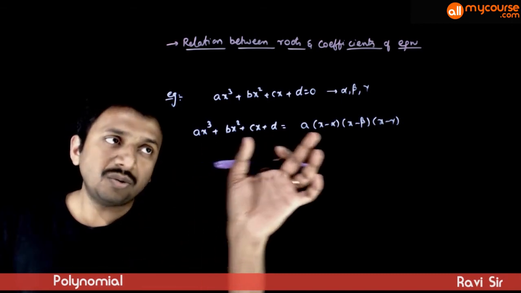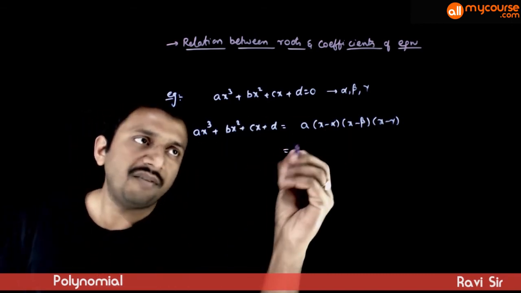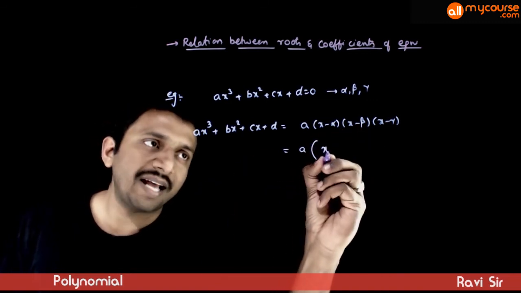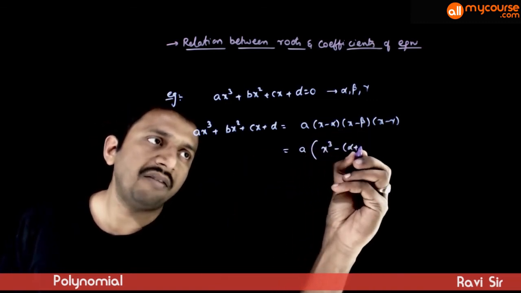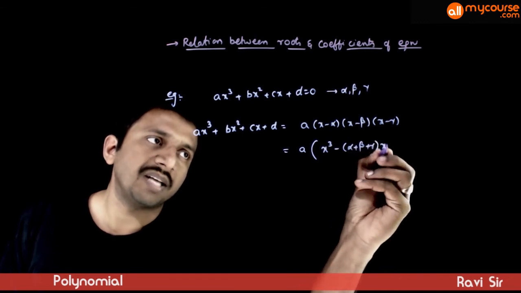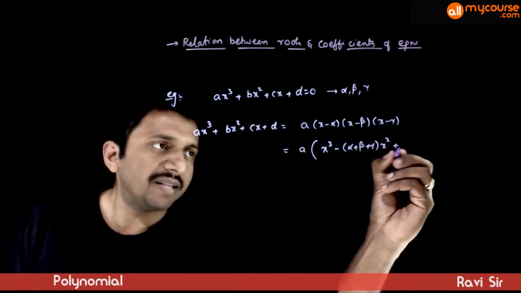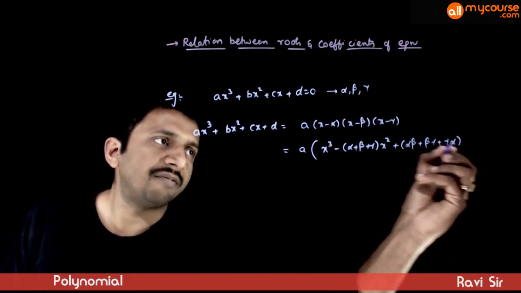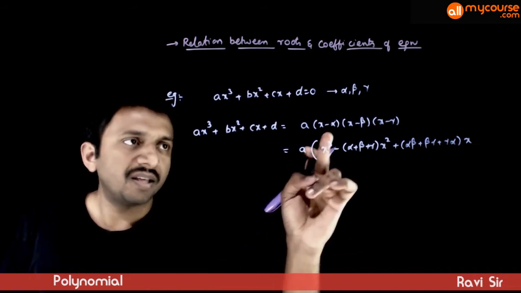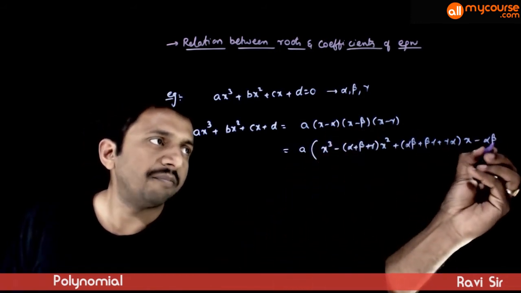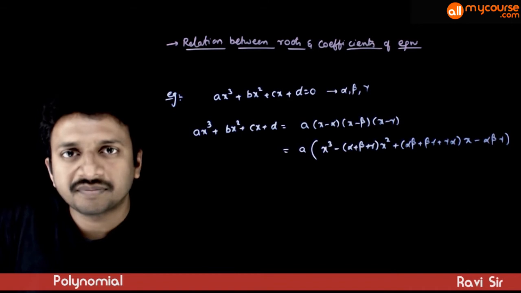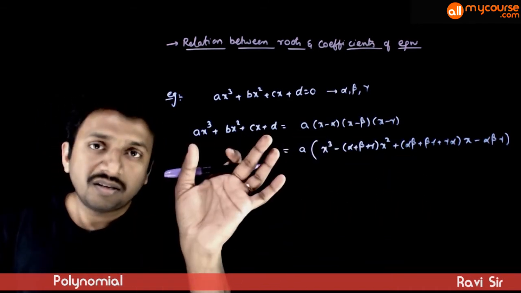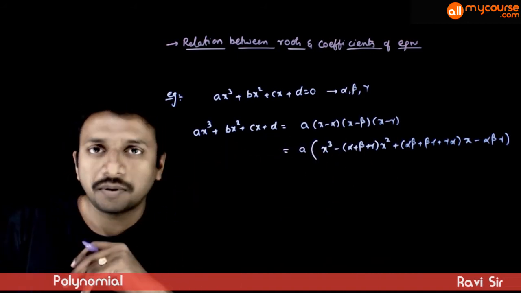Now these two sides are equal. If I expand this, I get a times x cube minus of alpha plus beta plus gamma times x square plus alpha beta plus beta gamma plus gamma alpha times x minus alpha beta gamma. Let us equate the coefficients.